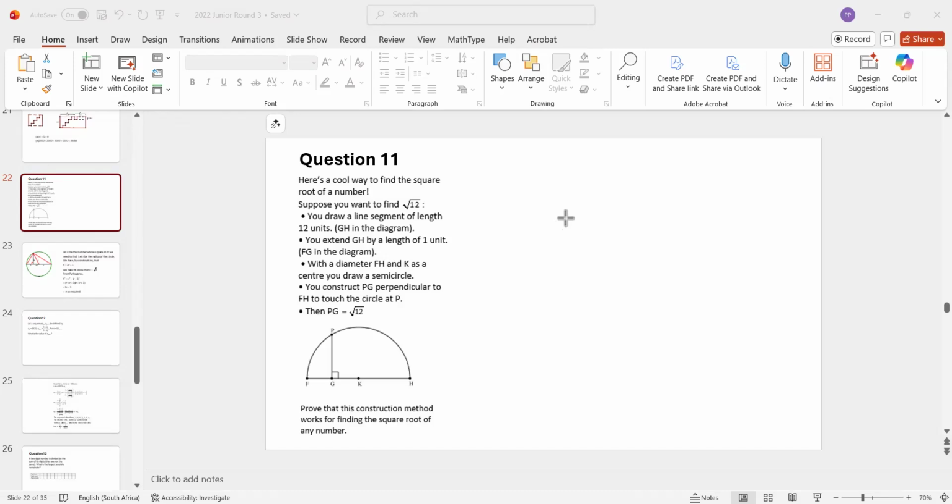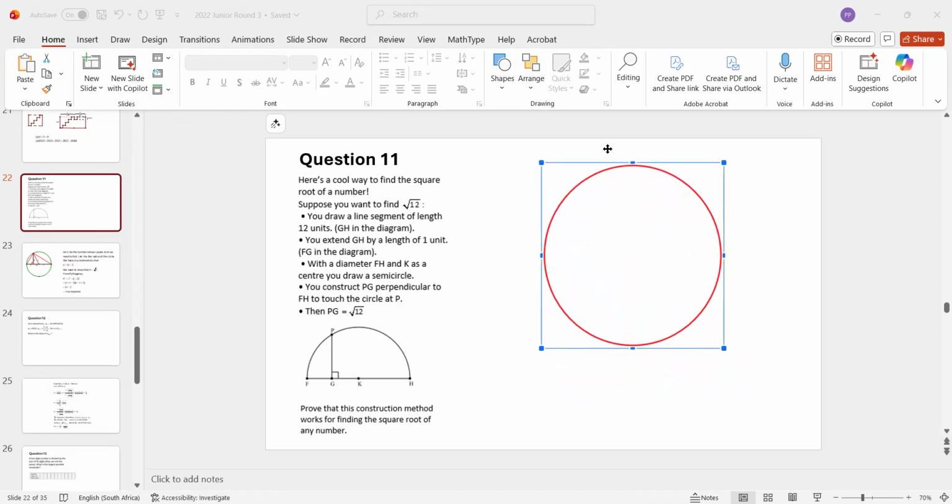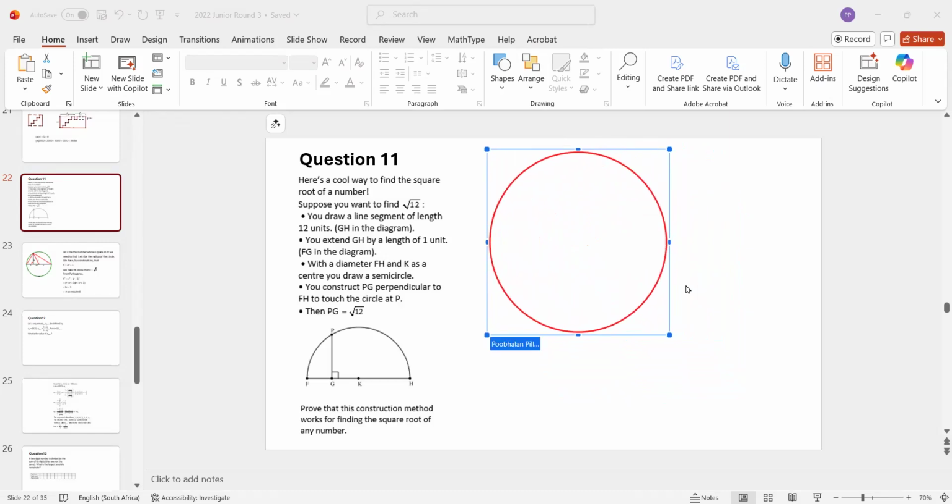I'm going to draw, let's just put this here somewhere, and we're going to draw the line FH. This is going to be the diameter of the circle.